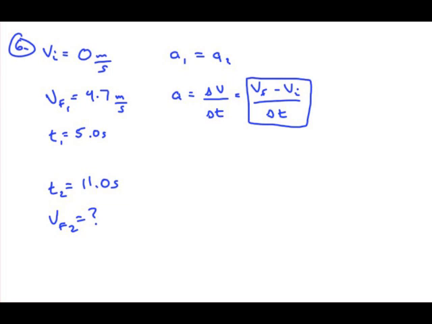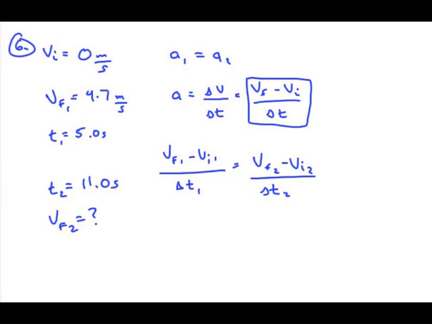What I mean is this. If A1 is equal to A2, then VF1 minus VI1 over delta T1 equals, or is the same thing since the accelerations are the same, VF2 minus VI2 over delta T2.